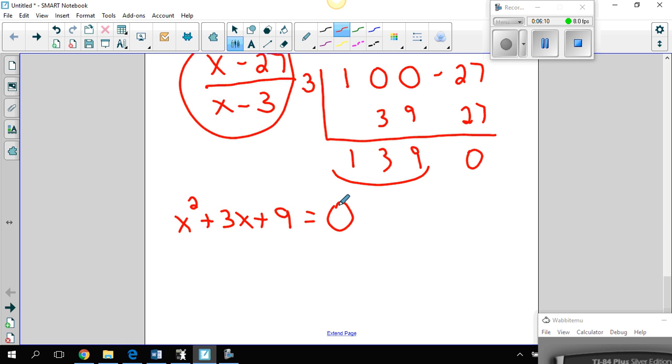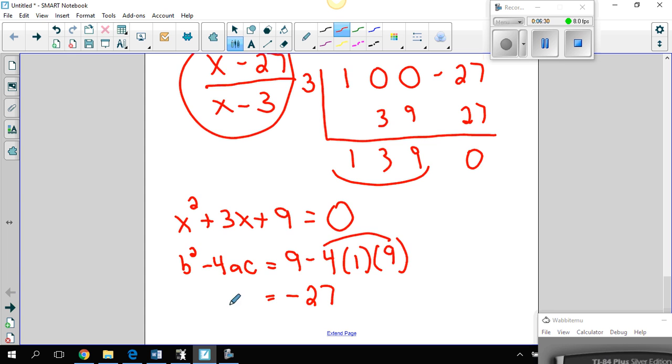Well, it doesn't factor, so let's do the b squared minus 4ac. We're going to apply the quadratic formula, and we get 9 minus 4 times 1 times 9, so that's 9 minus 36, and we get negative 27.